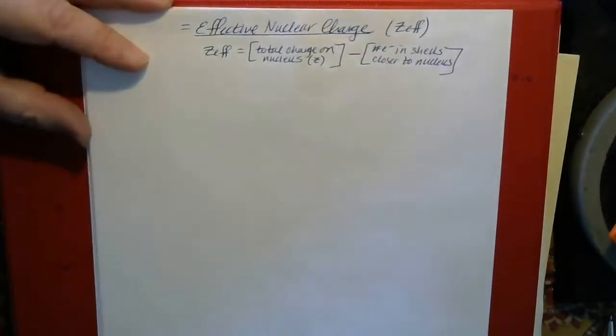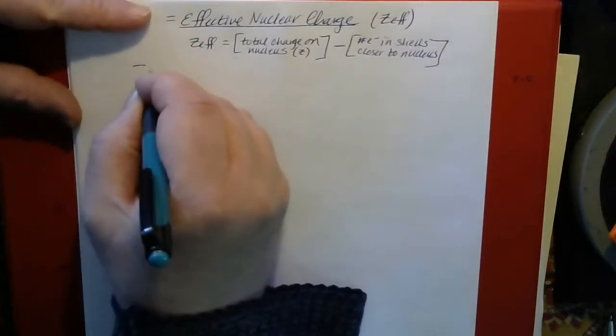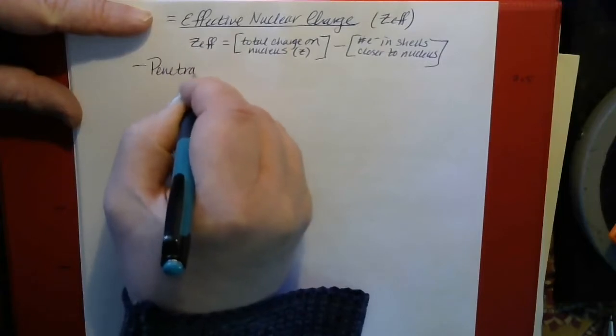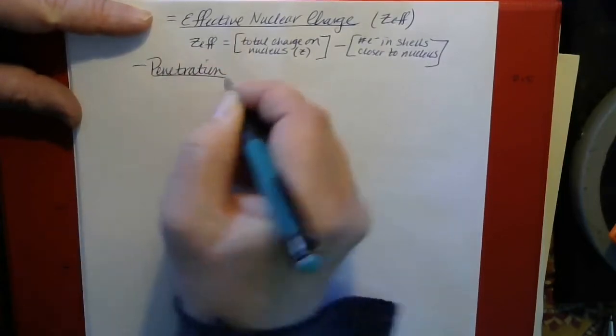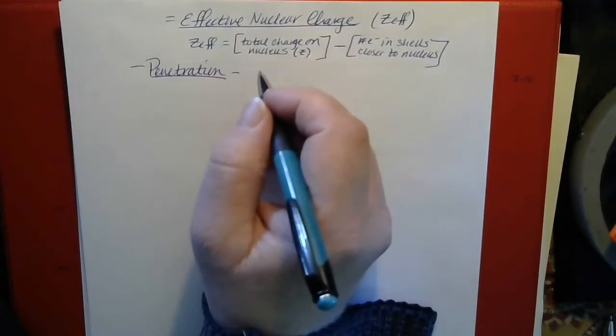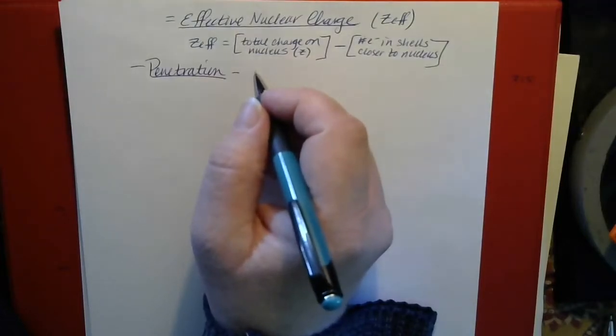There is also a concept known as penetration. And that is about the distribution of electrons in the various types of orbitals.